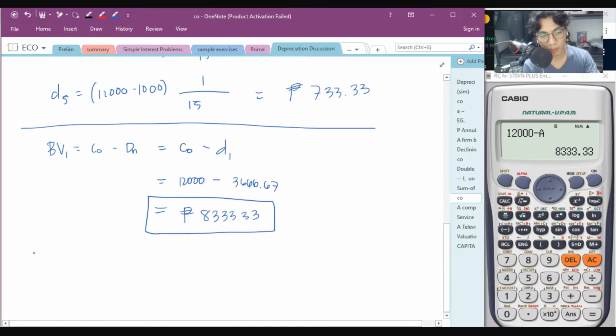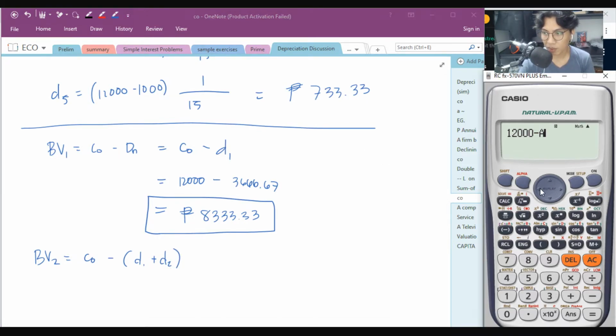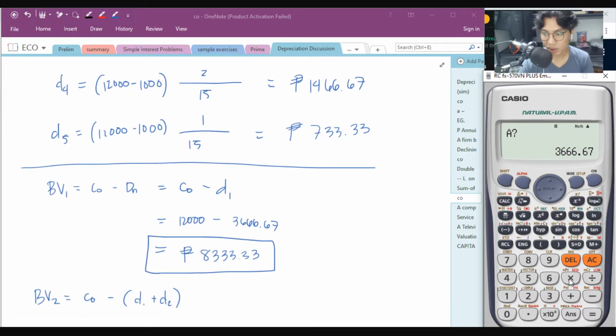Book value two, CO minus yung cumulative D1 plus D2. Lagay mo ulit. Okay? Plus alpha B. Calculate. A, 3,666. Oh, calculate.